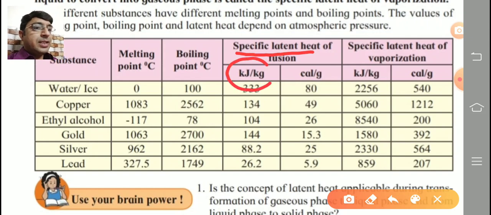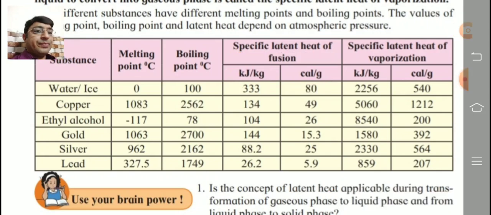This is the SI unit of specific latent heat, that is kilojoule per kilogram. And what is the CGS unit of specific latent heat? This is the CGS unit, that is calorie per gram. Remember, kilojoule per kilogram is the SI unit and calorie per gram is the CGS unit of specific latent heat.